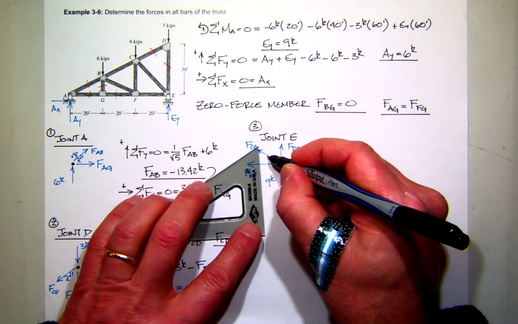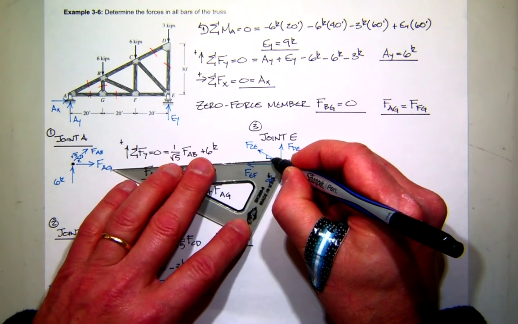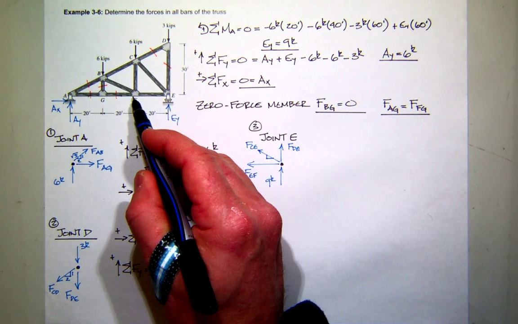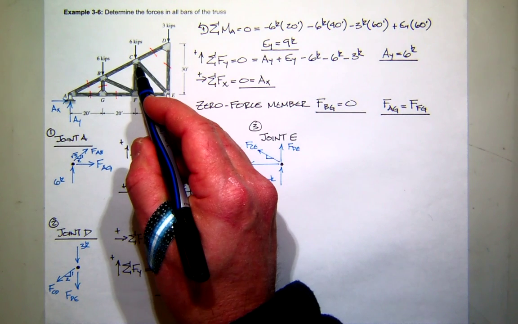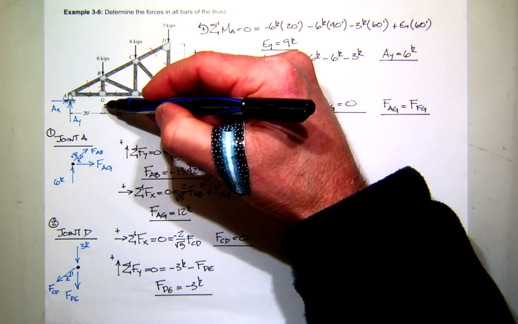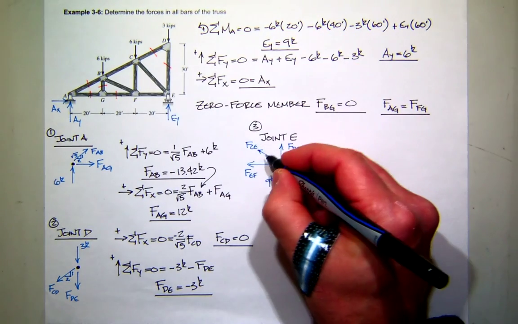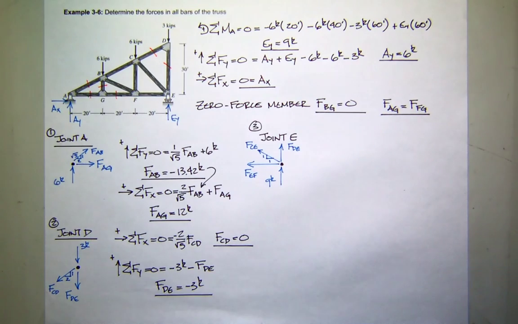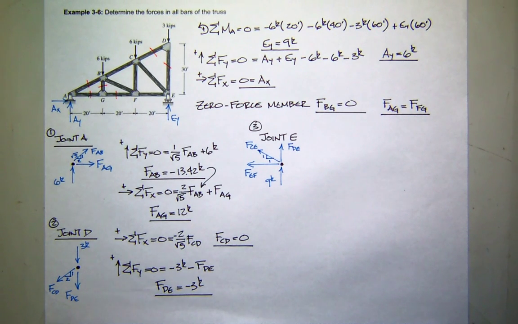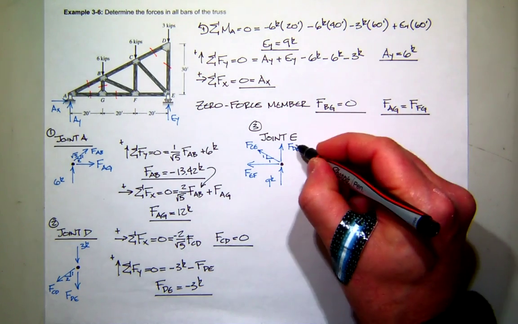And now what is the slope of that particular one? Well, it goes over 20 and it goes up how much? Also 20. Because it would be 30, 20, 10. So that's 20, 20, so that's 1 to 1. Now remember, I'll go ahead and indicate that here. We know DE.